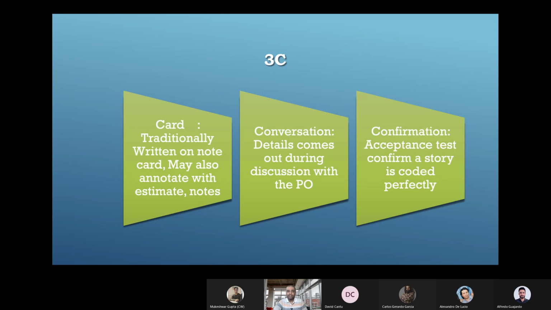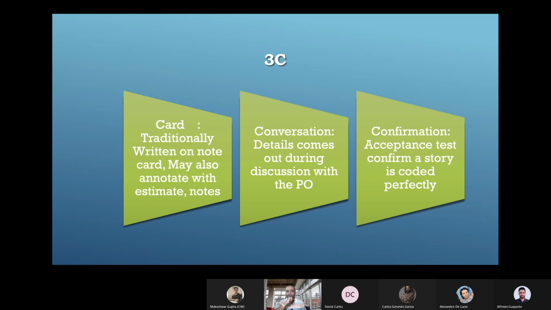The second thing is conversation. Details come out during the discussion with the product owner. When you discuss with the product owner, more detailing will come, because when the story is written it is simple, but you may have other conditions which violate this scenario or the previous scenario.